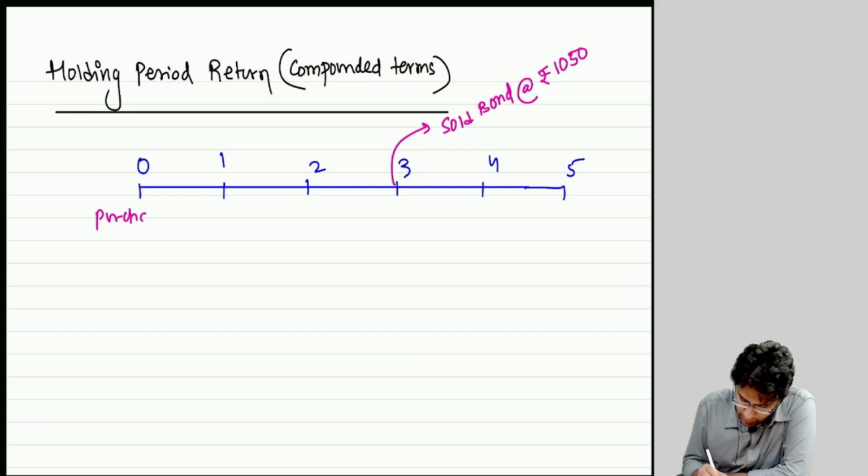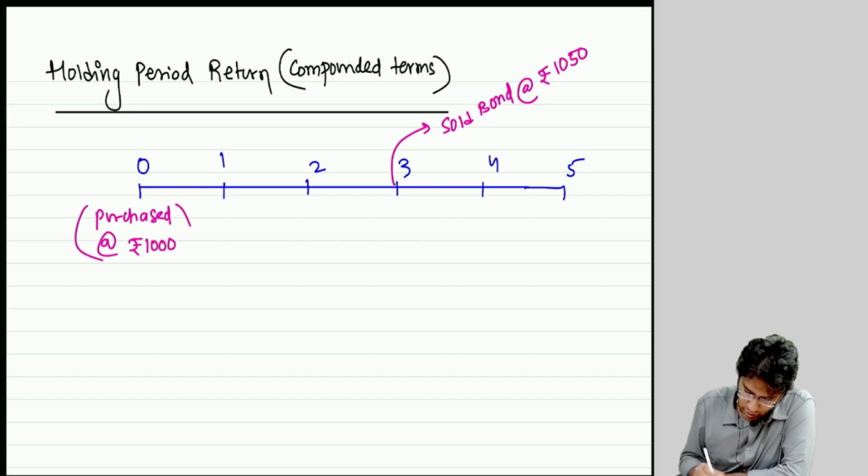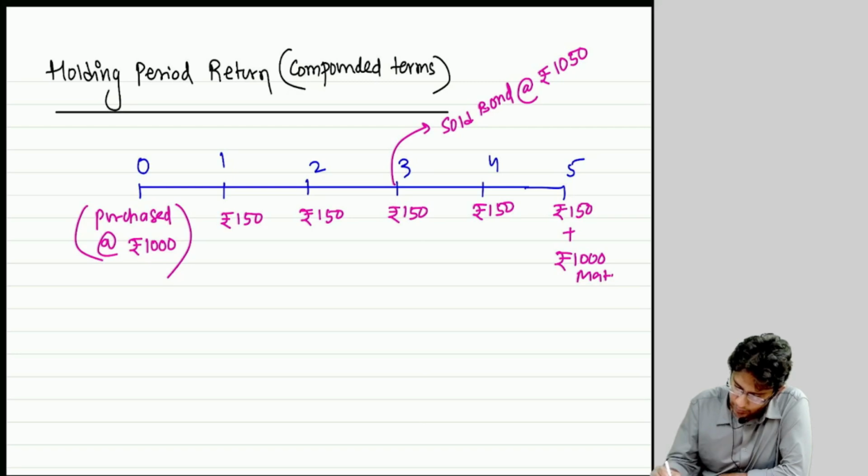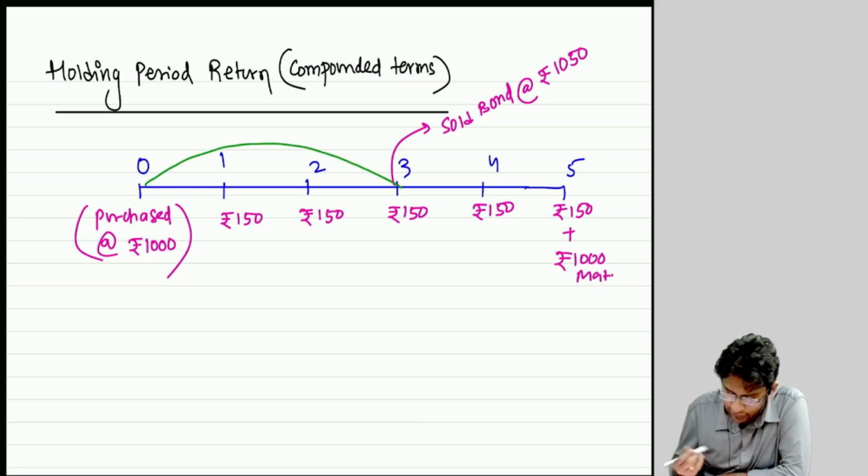Initially purchased at rupees 1000, the outflow. Coupons are 150, 150, 150, 150, 150, plus the last maturity value is also 1000. But our boy stood in the bond only for a period of 3 years.